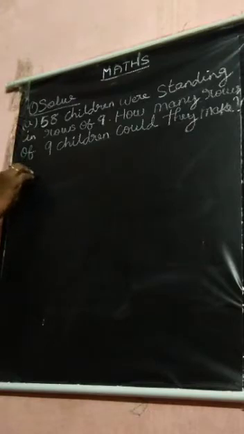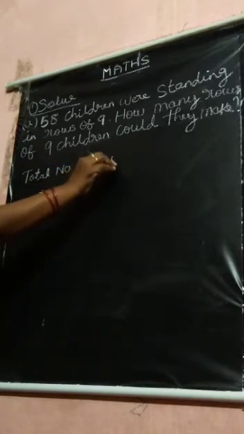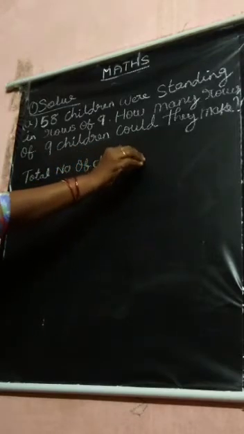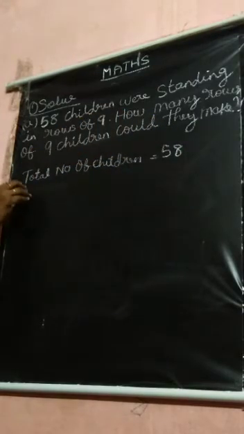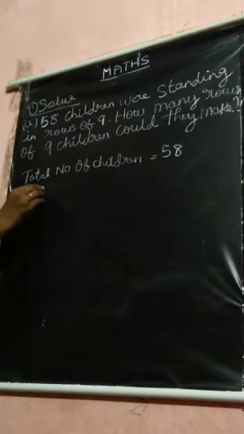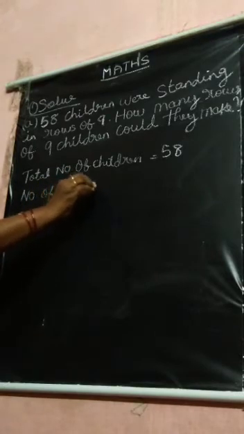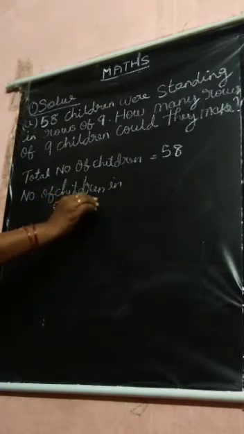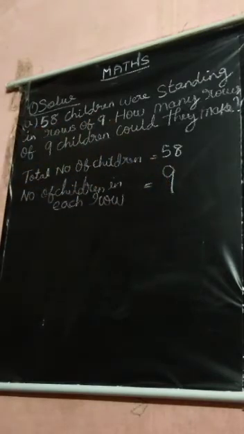Total number of children: 58. In each row, number of children in each row: 9.